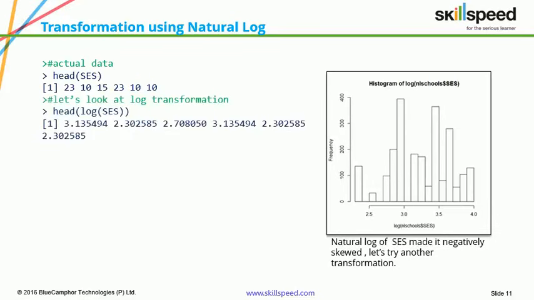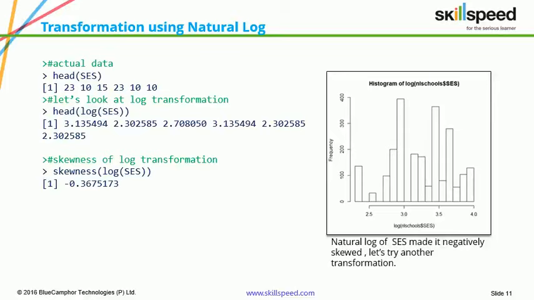Now let's look at the log values of the corresponding values, which look like 3.135, 2.30, 2.70 and so on. So we have basically shrunk those values.